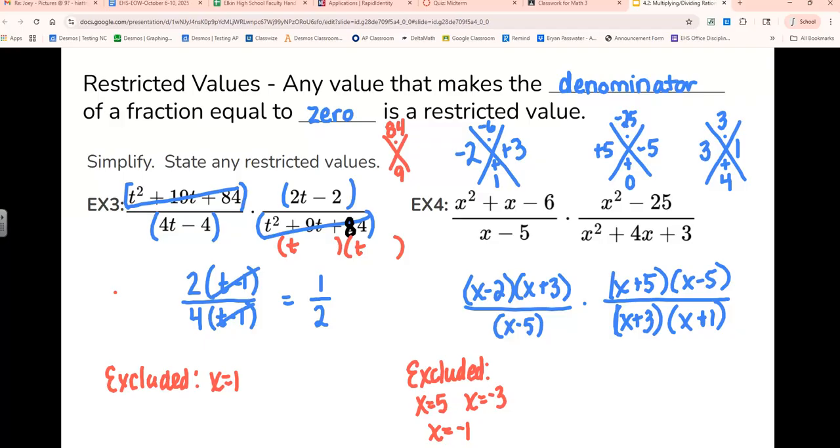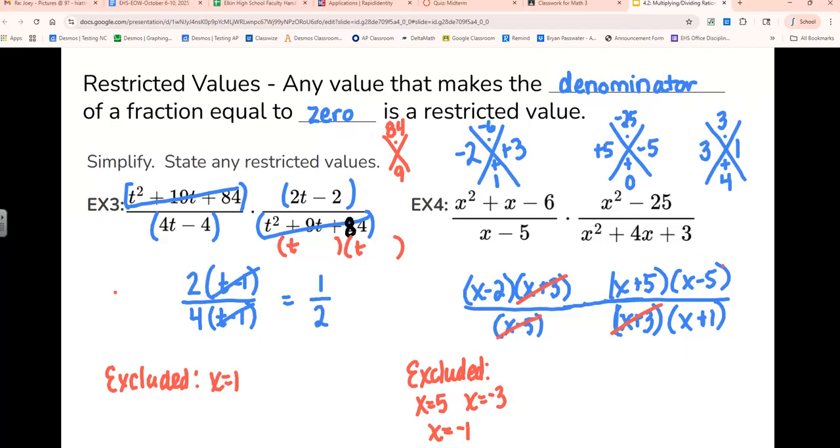So now I can cancel anything on the bottom with anything on the top, because whenever I multiply fractions, I just multiply straight across. So what's really happening here is you really just have one big fraction, right? All that stuff is multiplied on the top. All the stuff is multiplied together on the bottom. I can just start canceling. So I can see that I've got an x plus 3 right here and an x plus 3 on the bottom.